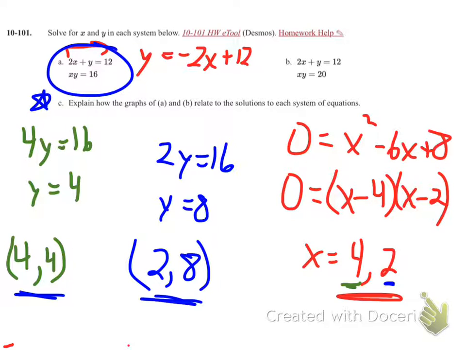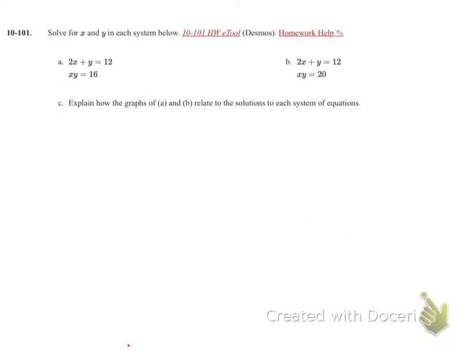That's what's happening. On to problem B, I'm going to do the same thing with that one. So again, I'm going to get y equals negative 2x plus 12. The only thing different here is that this one equaled 16 and this one will now equal 20.